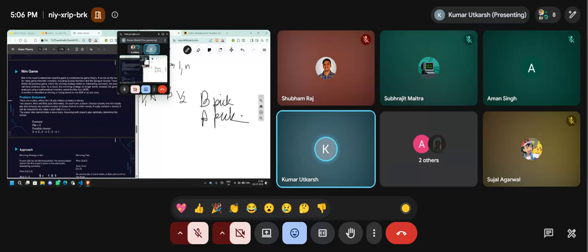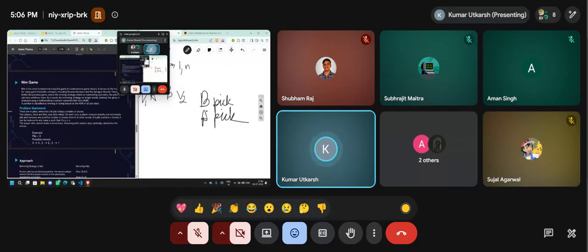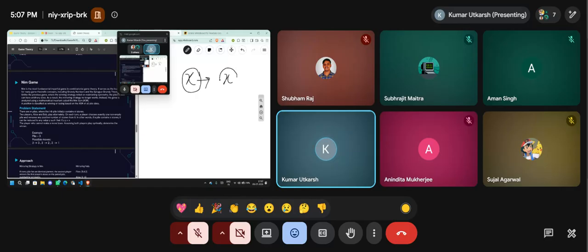So from the previous game, what we saw is that we can always try to have a mirrored approach. What I mean by mirrored approach is that if we make a disturbance of x in a pile, right? If we make a disturbance of x in a pile, if there exists another pile where we can make the exact same difference x, then we always get our last move, right?